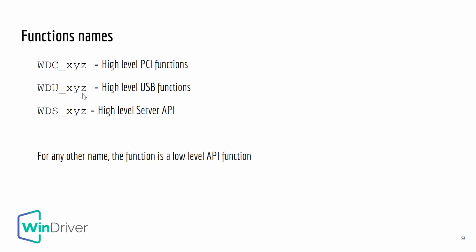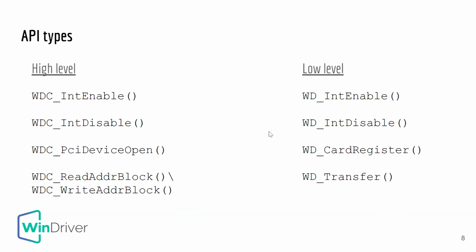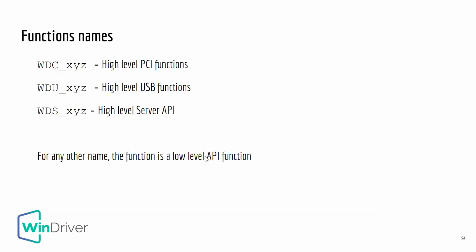Every function that starts with WDU is a high-level USB function, and WDS is a high-level server API. Every other name, like the WD we saw here, is a low-level API function. We recommend always working with high-level APIs. They are more advanced, they were developed later, and they are easier to work with. So be mindful, because we will see both kinds of functions today.